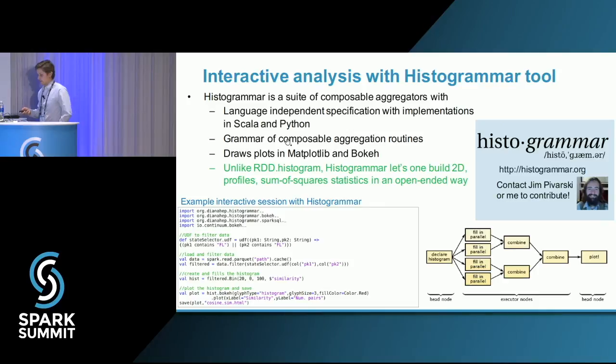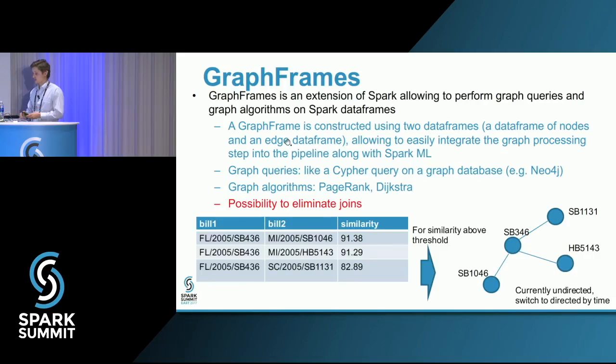It provides wrappers to Bokeh and Matplotlib, and allows you to produce nice plots. One other comment: the aggregation is distributed, so it can work with large data sets, and it uses Spark's aggregate primitives. However, it differs from it in some ways, and I can talk more about it if you have questions.